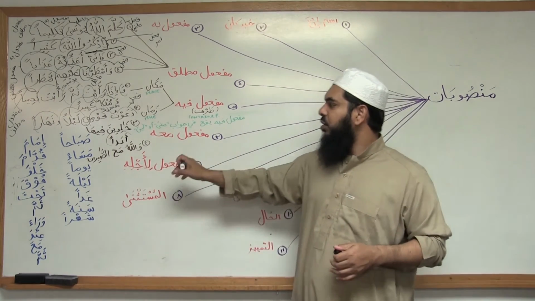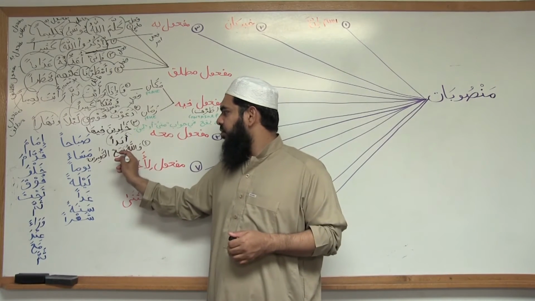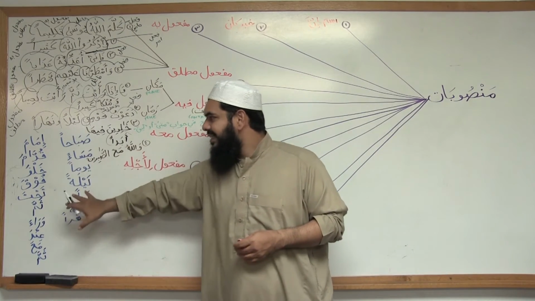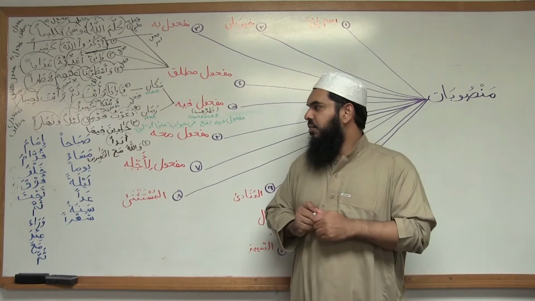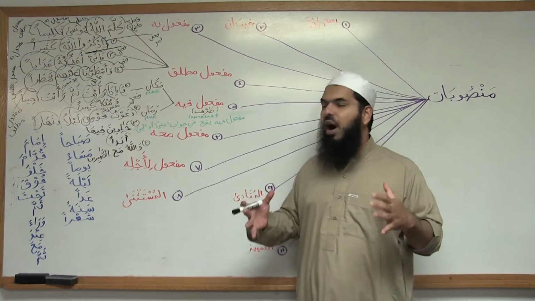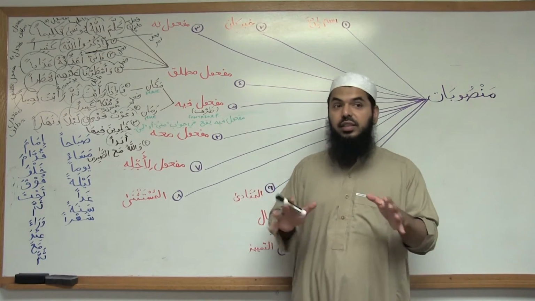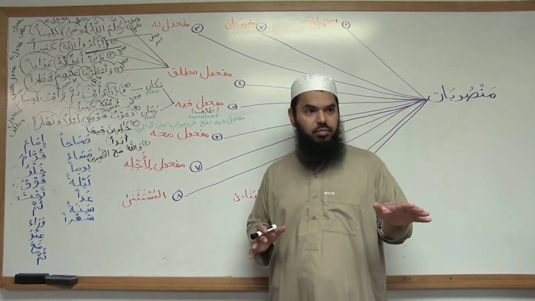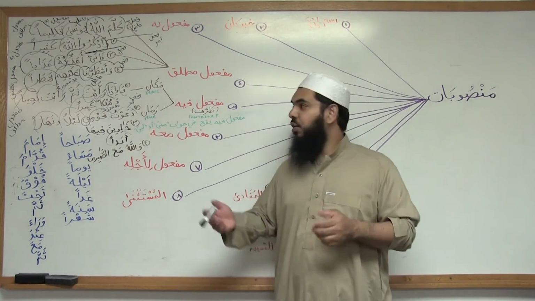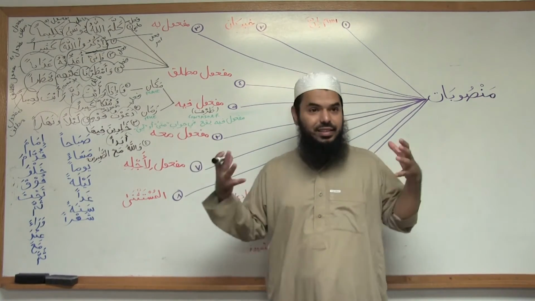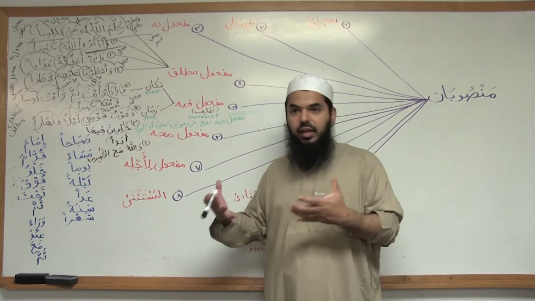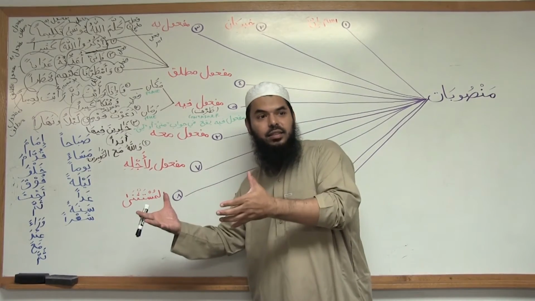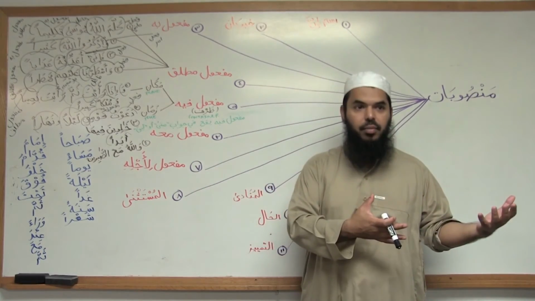So when you look at all of these types of dharf, I gave you a list here, inshallah, of at least the most commonly used dharf. This is very important, because you got the concept, right? Dharf, or maf'ul fihi, is a container that contains either when something happened or where something happened.